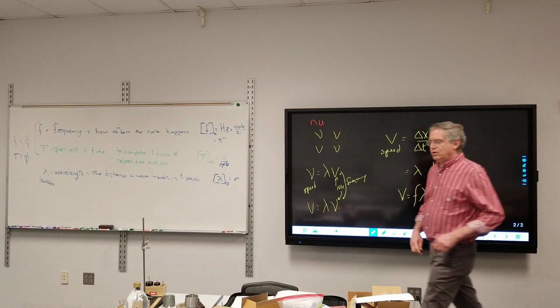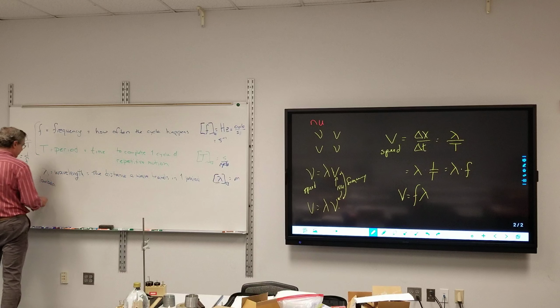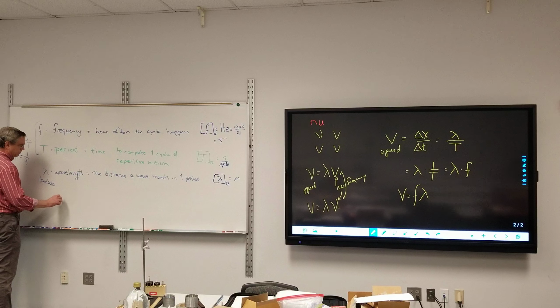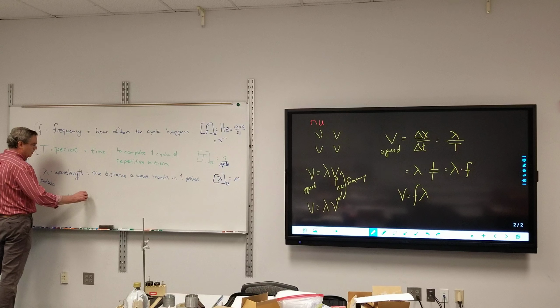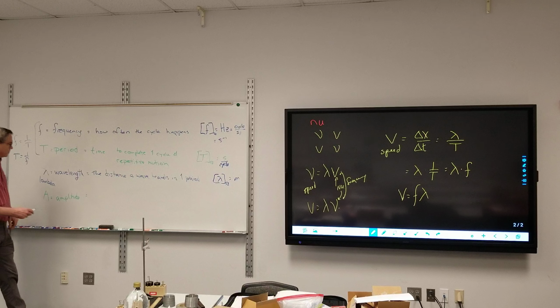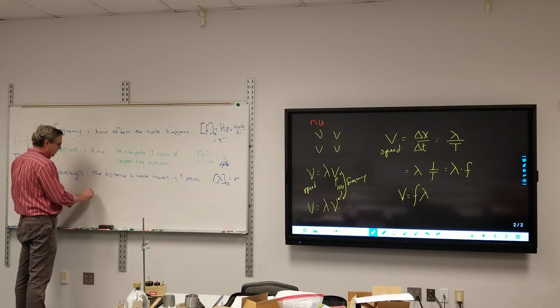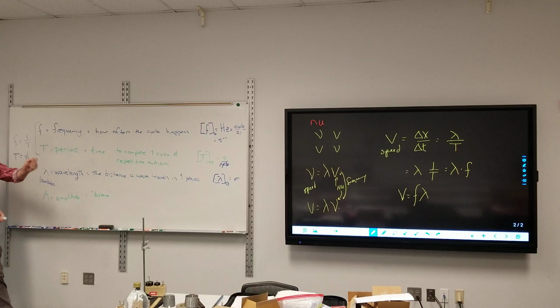One other vocab word here for waves: amplitude. If I'm doing some generic form, I'll use capital A for amplitude, as I did yesterday. And it is a distance, I can put distance in quotation marks because it's not necessarily a distance. If I'm doing the wave on a string, the amplitude would be a physical distance.